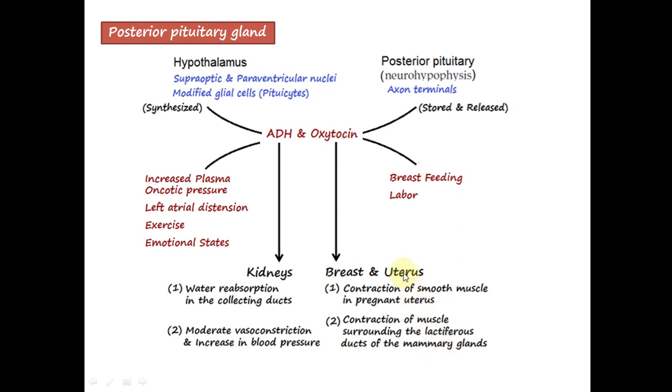So clinically, oxytocin is less important as compared to ADH, and the major diseases known as diabetes insipidus and inappropriate secretion of antidiuretic hormone are due to abnormalities of antidiuretic hormone secretion.